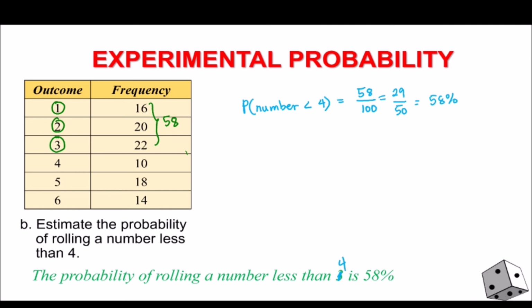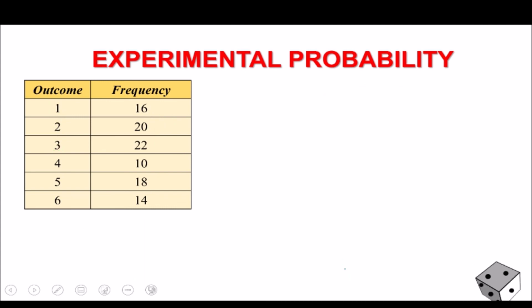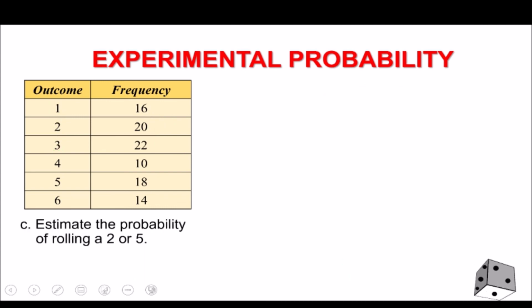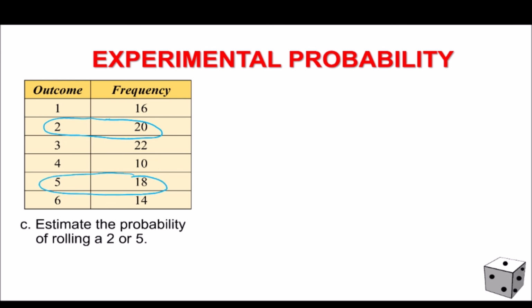Okay, so let's have our last question. Estimate the probability of rolling a 2 or 5. This problem is similar to the previous question. What we will do is add the frequency of rolling a 2 and rolling a 5. So 20 plus 18 is 38.